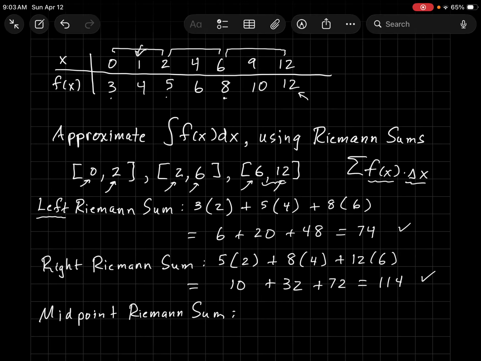So the middle of the first interval is x equals 1, and the function value or height there is 4. Delta x is 2. I'll do the next two more quickly. Use the x in the middle, x equals 4, to get the function value or height. And then delta x, not x, but delta x, because 2 to 6, the change is 4.